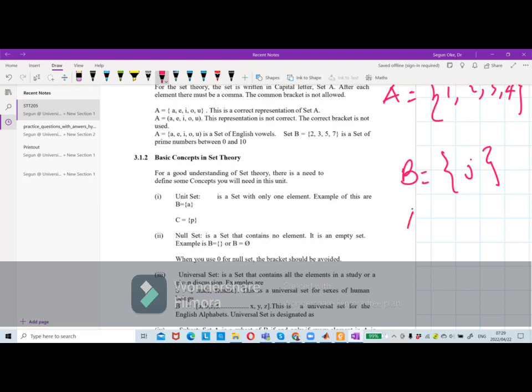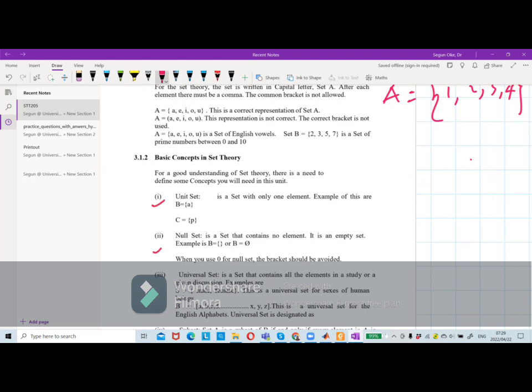It can also be A equals 1, that's a unit set, and so on and so forth. It can be elements, it can be alphabets, it can be figures. So take note, that's a unit set. Some other people call it a singleton set.